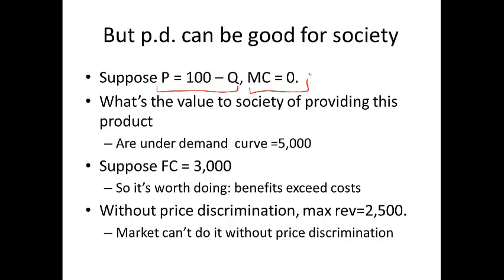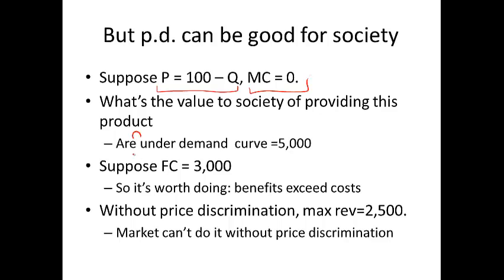And that sounds far-fetched, but there are a lot of products where it's pretty close to being true. It is true for media products. It's pretty close to being true for a lot of products like pharmaceuticals, where it doesn't cost much to make another pill. It just costs a whole heck of a lot to invent the product in the first place. Anyways, though, the question we want to ask is, what's the value to society of making this product available?